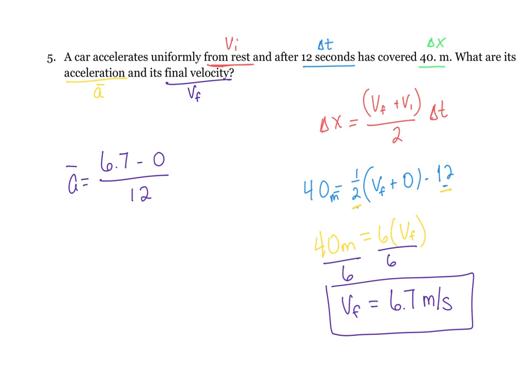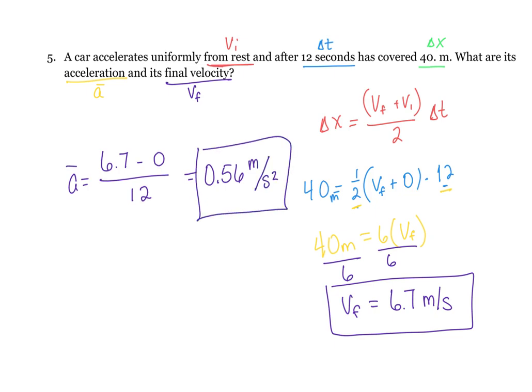That should equal my average acceleration. My average velocity that I ended up with helped me find my final velocity. Acceleration is just final velocity minus initial velocity divided by your time. 0.56. This time it is acceleration, meters per second squared.